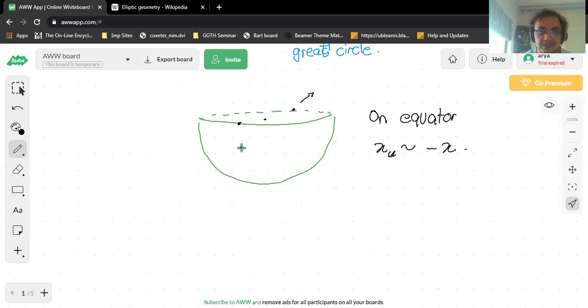Between any two points, you have a unique circular arc, which corresponds to a great circle of the sphere. Now, the distance between any two points has a formula. I don't want to go into the details, but it depends on the angle measure of this circular arc, which seems natural.